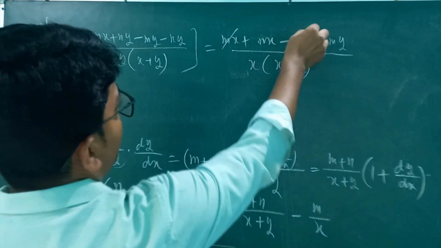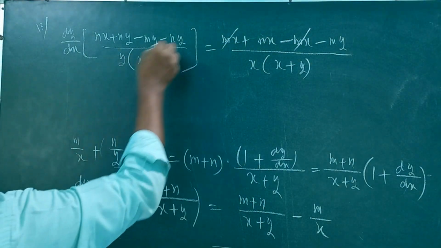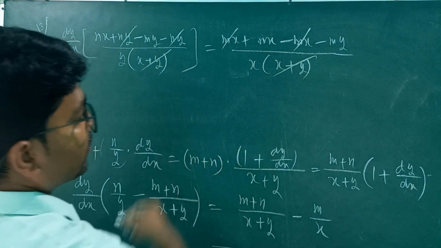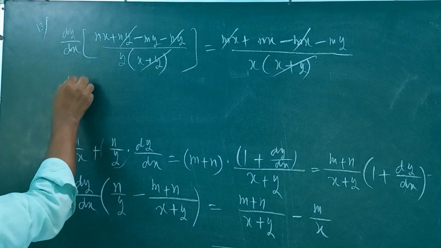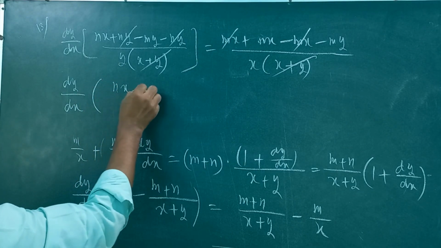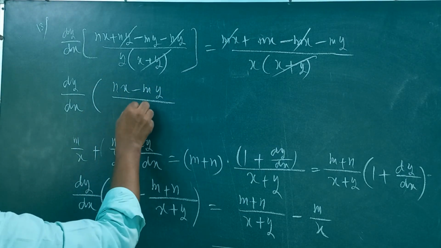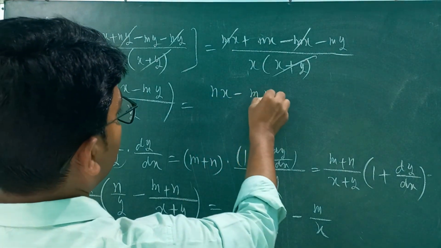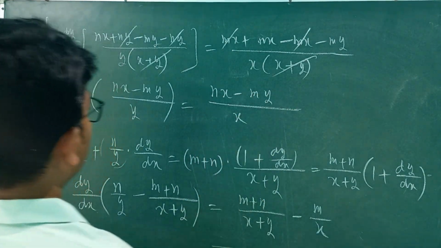So mx is cancelled, here ny is cancelled, and x plus y you can cancel. So dy by dx is (nx minus my) by y over (nx minus my) by x.